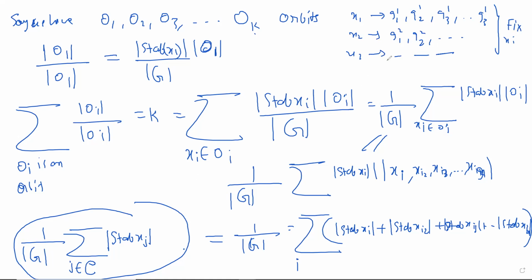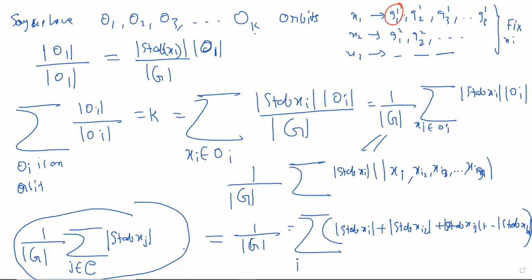But I can instead do it in a different way. I can calculate this grand size in a different way. I can pick an element, let's say this element, and I can ask this motion, how many things did you fix?